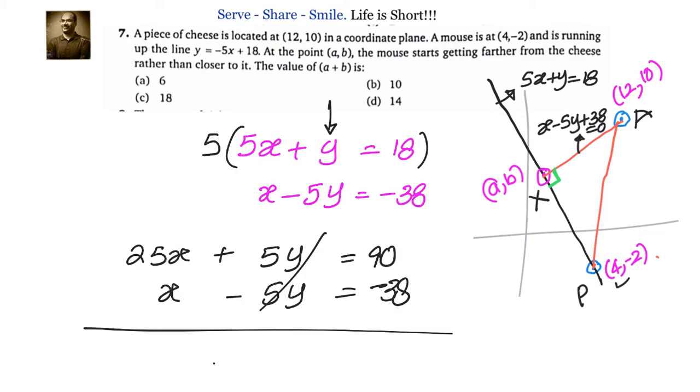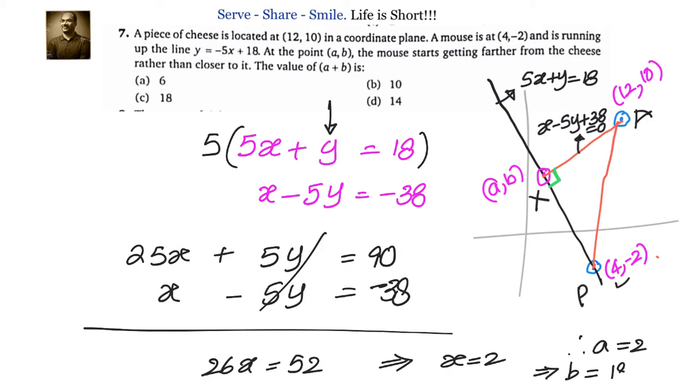You will have 26x equals 52, which will give us x equals 2. If x equals 2, then the b value is given by a equals 2, b equals 18 minus 5a, that is 18 minus 10, which equals 8. So a equals 2, b equals 8, again giving a plus b equals 10.